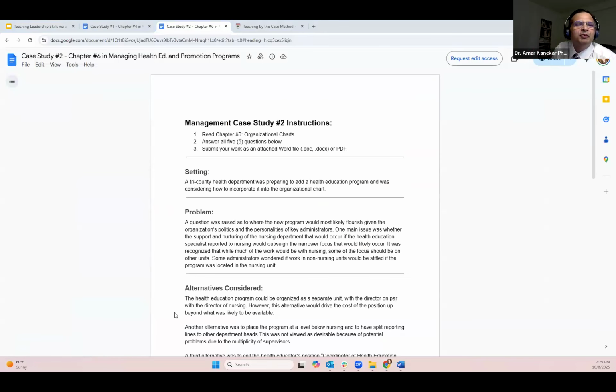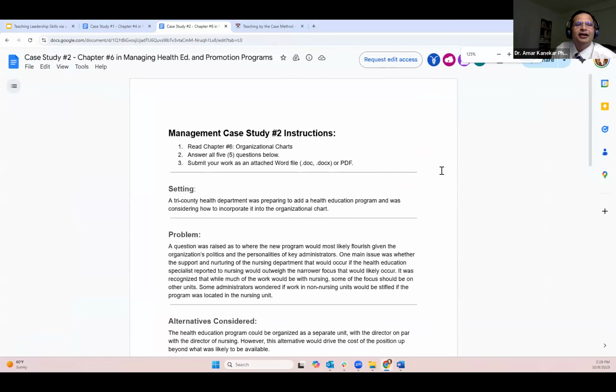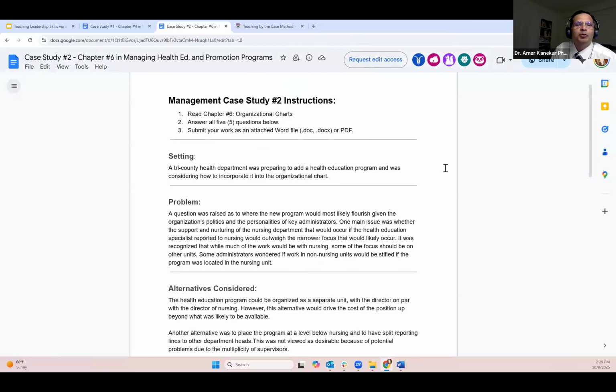Okay, so this is a different case study again. Here, the question is again, the Tri-County Health Department was preparing to add a health education program and was considering how to incorporate it in their chart. So the question was raised as to where the new program would most likely flourish given the politics and personalities of key administrators.